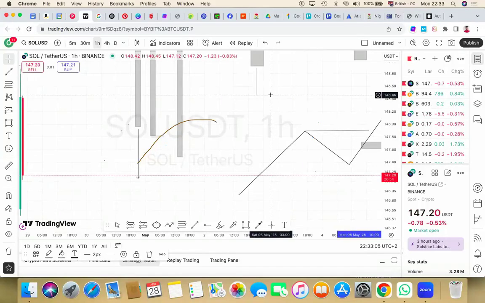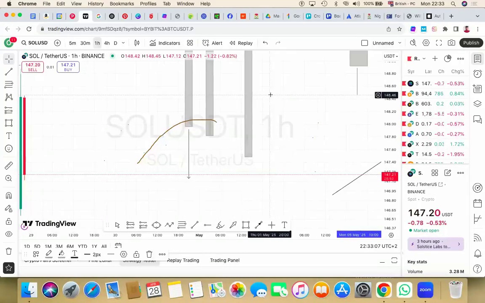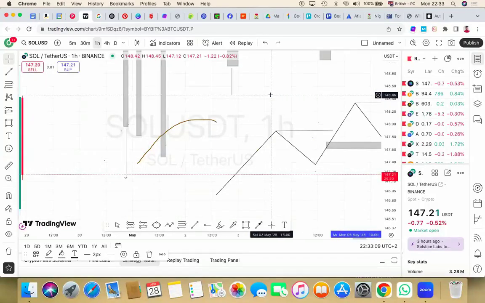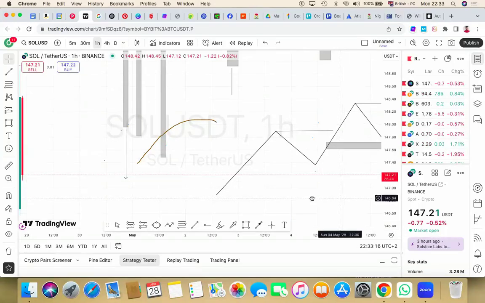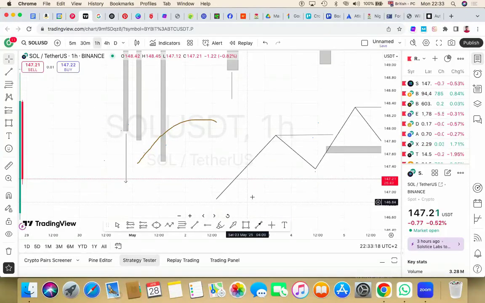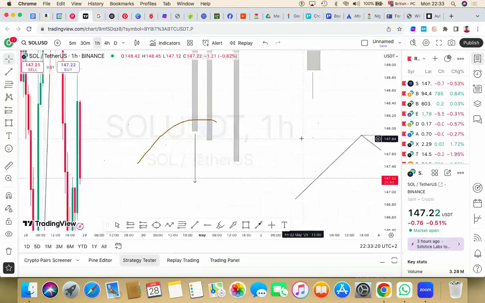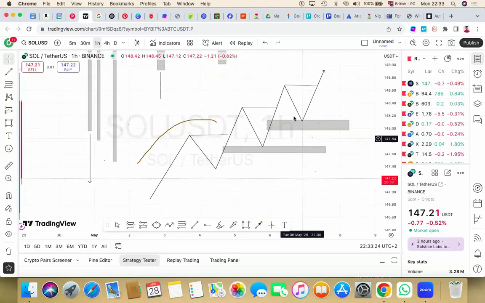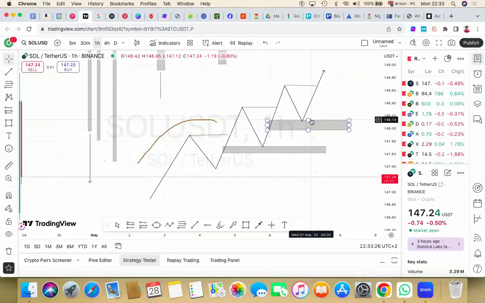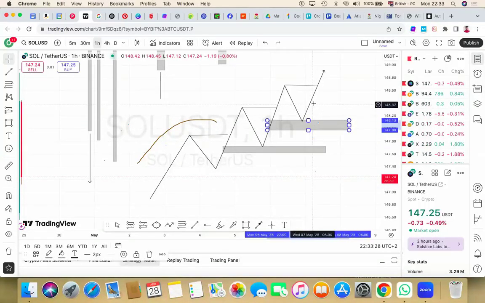So for you to identify your imbalance zone, say we have these zones here. Now, if you were looking, what you will be looking for from this area.